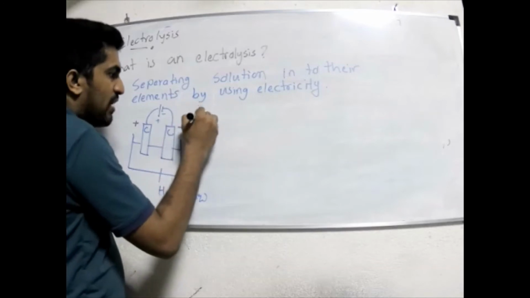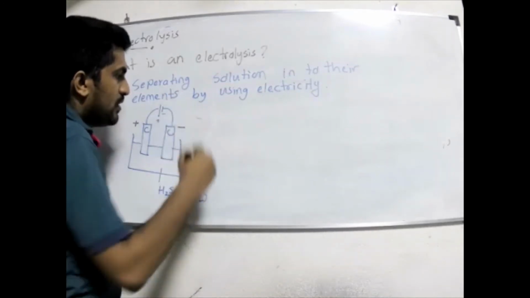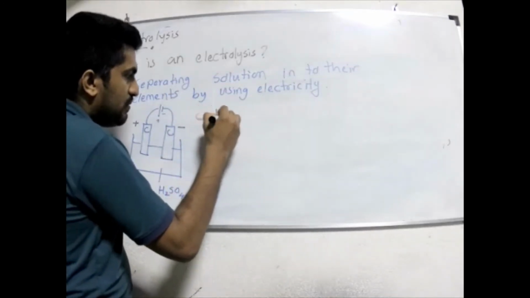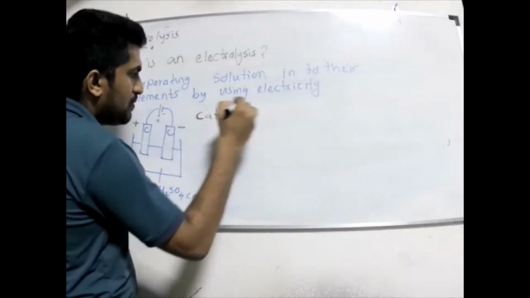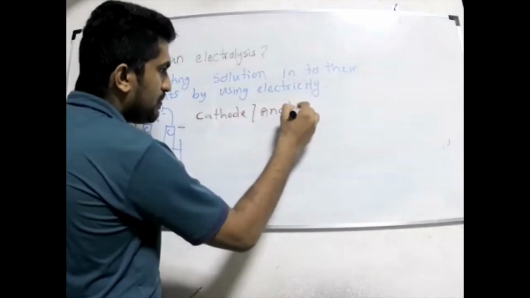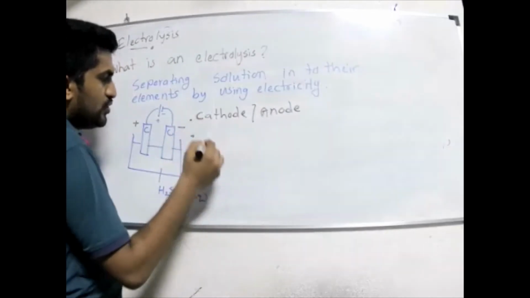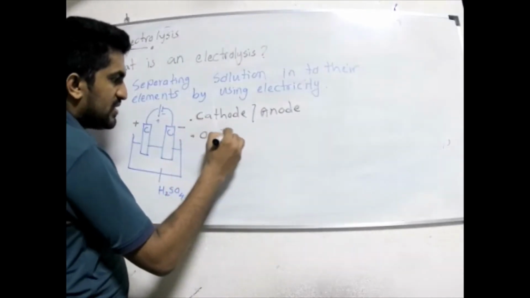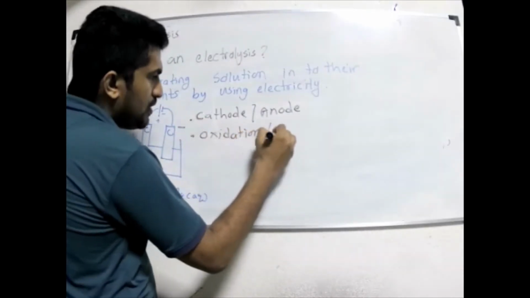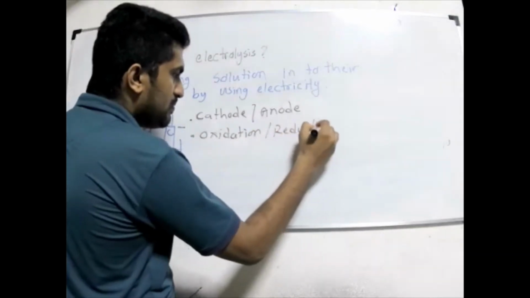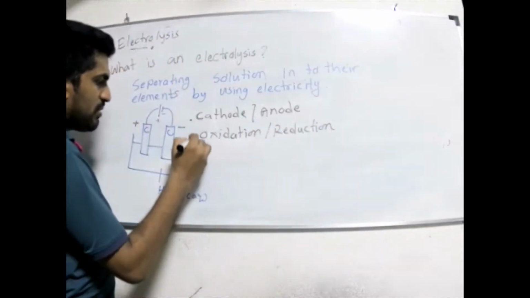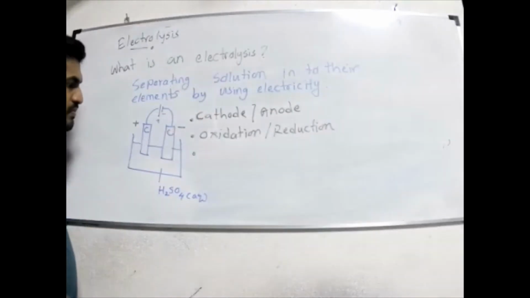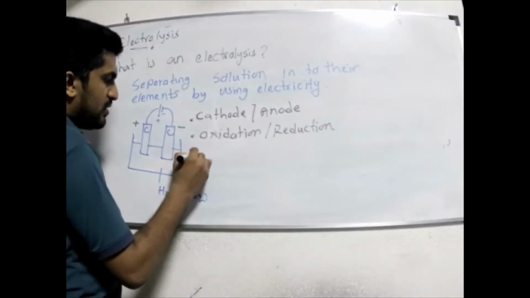Then you have to name the cathode and anode. You have to write the oxidation and reduction reactions. Then you have to write the observation.